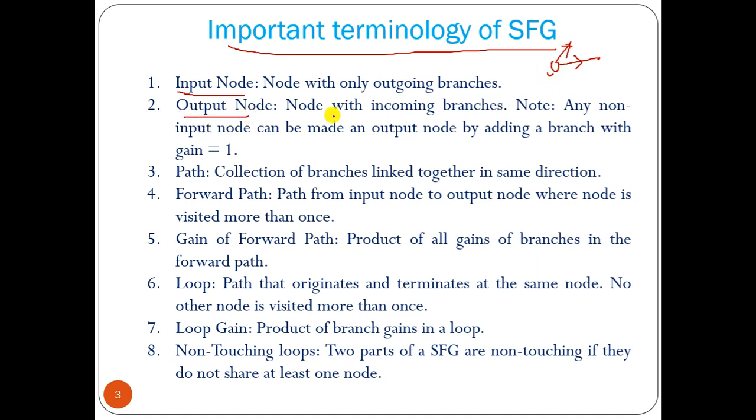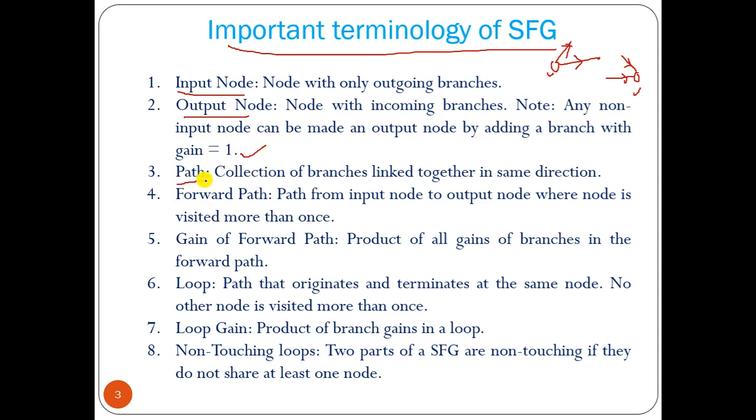An output node is a node which has only incoming branches. That is called an output node. Any non-input node can be made an output node by adding a branch with gain 1. That I will show you with an example.